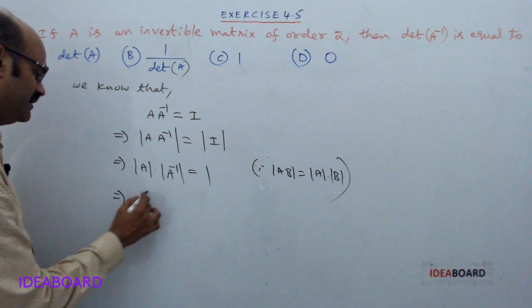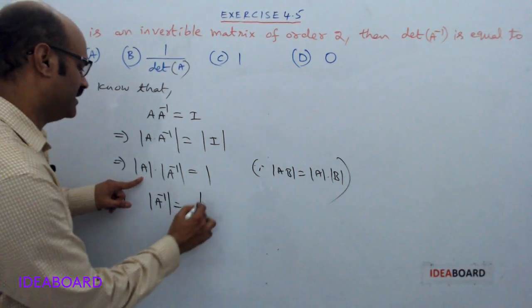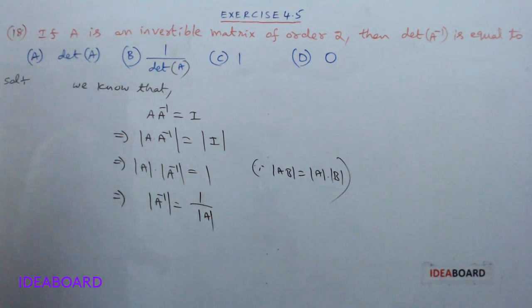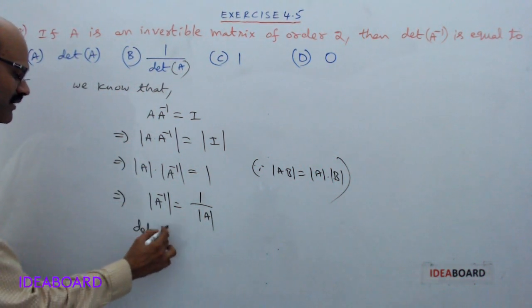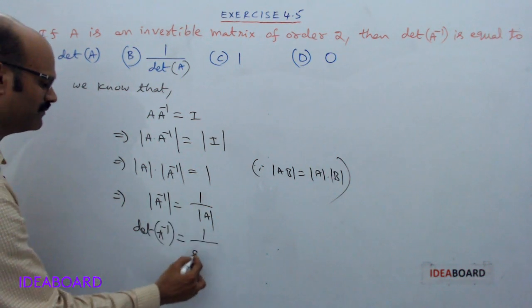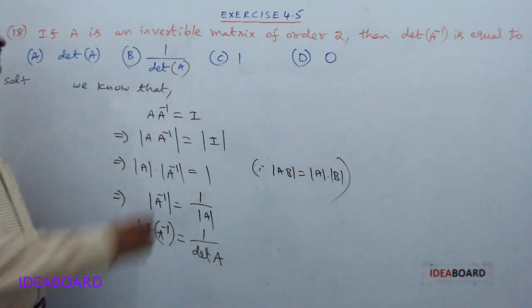So it implies determinant of A inverse equal to 1 by det A. Therefore, determinant of A inverse is always equal to 1 by det A. So option B is the correct answer.